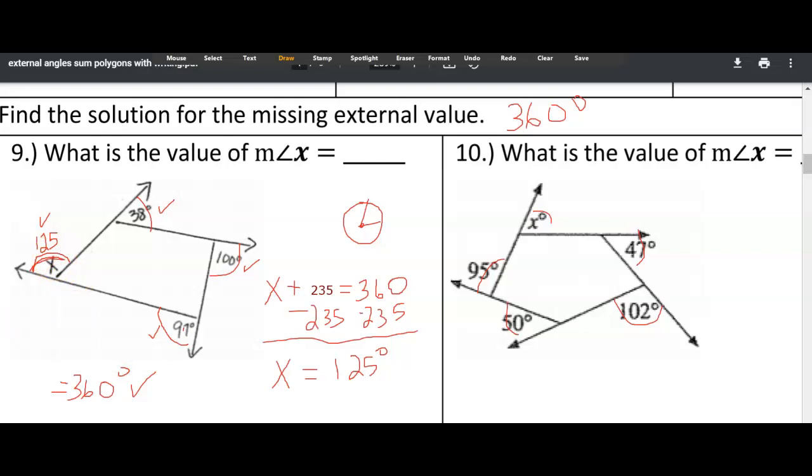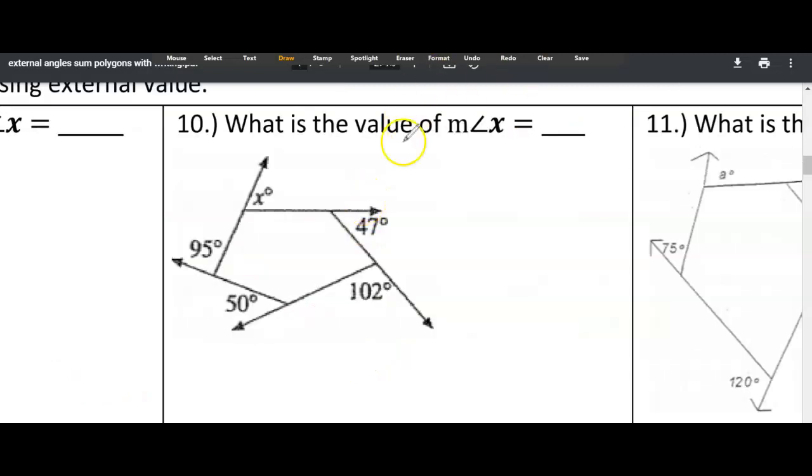Okay, let's move on to number 10. Try number 10. Remember, x plus 147 plus 102 plus 50 plus 95 is the sum of the exterior angles. The sum of the exterior angles should always give me 360 degrees all of the time.